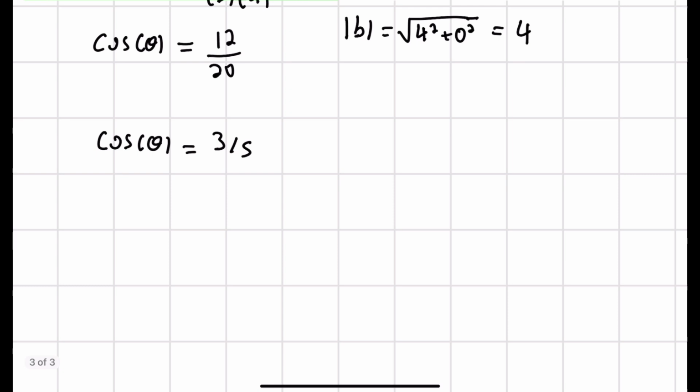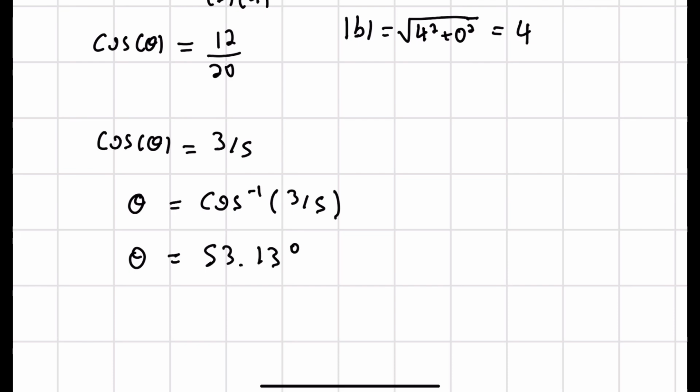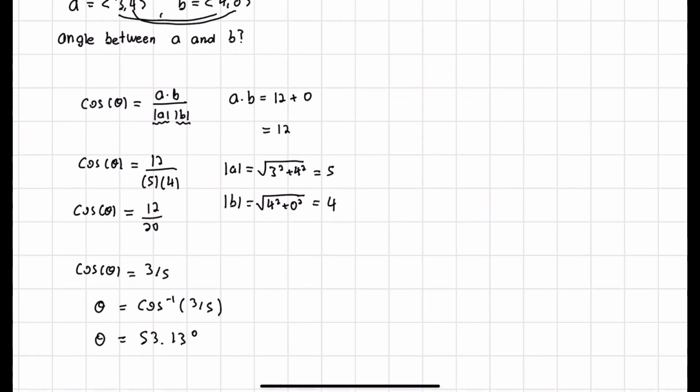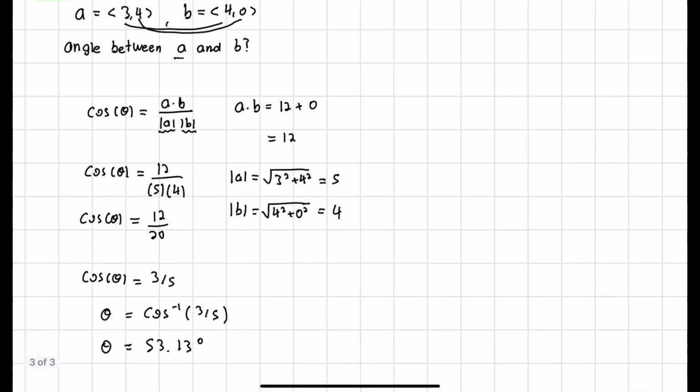And if we want to isolate for theta, we can use the cosine inverse. So the cosine inverse of 3 over 5. If you punch this into a calculator, it would give us 53.13 degrees. So theta would be 53.13 degrees. So the angle in between vectors A and B is 53.13 degrees.